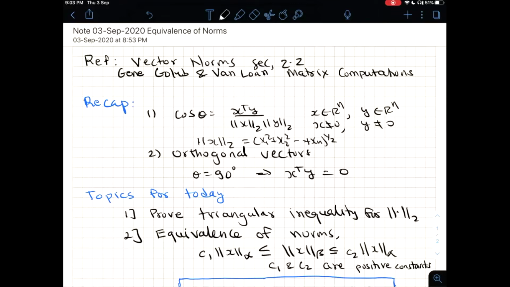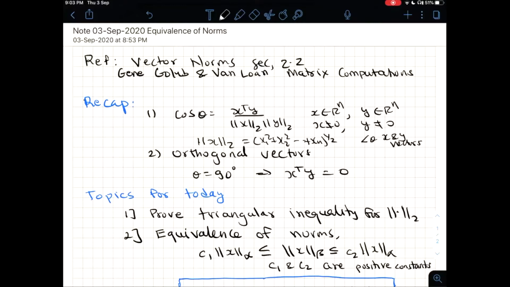So cos of theta is x transpose y divided by the length of x times the length of y. In other words, x and y are scaled down to unit length vectors, and then the dot product between the two is essentially the cosine of the angle between the two vectors. So theta is the angle between the x and y vectors.